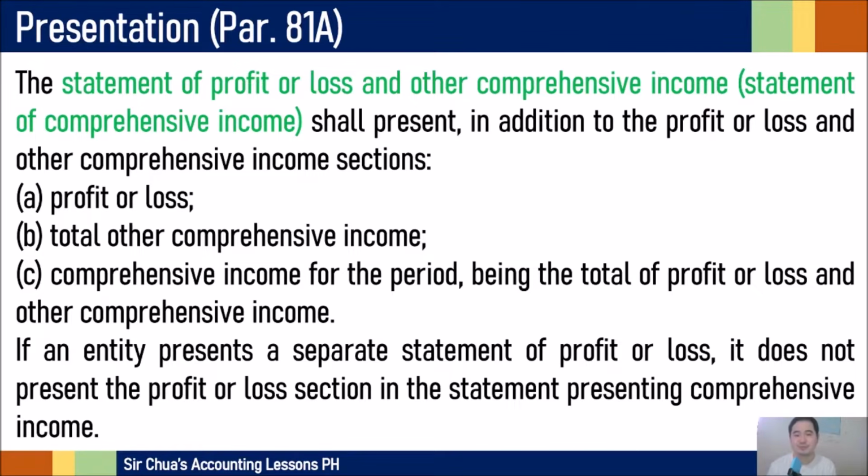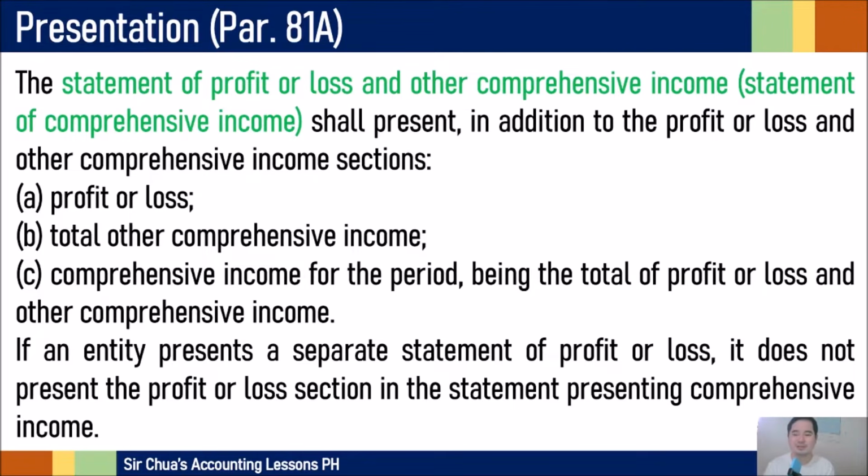If you would remember po, di ba, sa ating previous discussion, pwede daw pong magkaroon ng medyo kakaibang tawag, basta yun pa rin po yung dinedenote niya, sabi sa IAS 1. So actually, this financial statement is formally called in IAS 1 as the Statement of Profit or Loss and other comprehensive income. But for our purposes, we can actually call it simply as the Statement of Comprehensive Income.